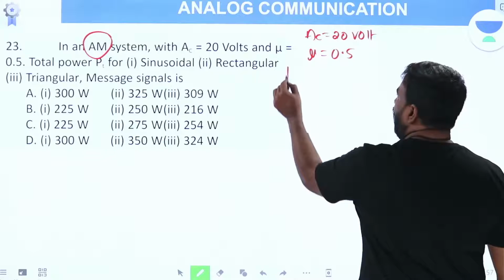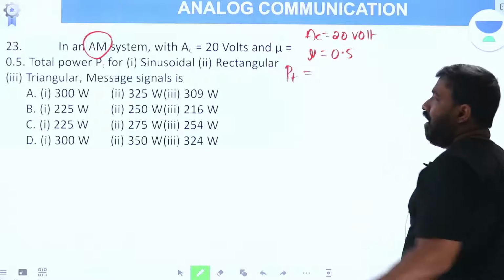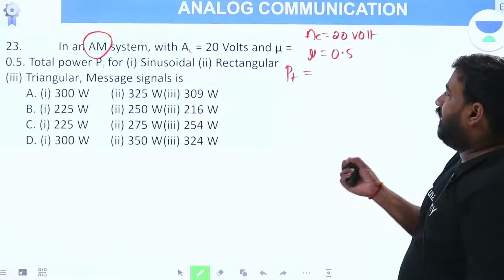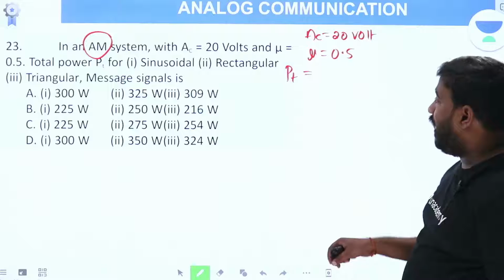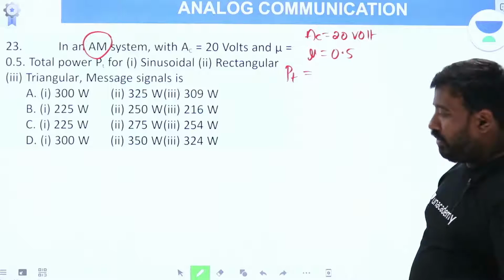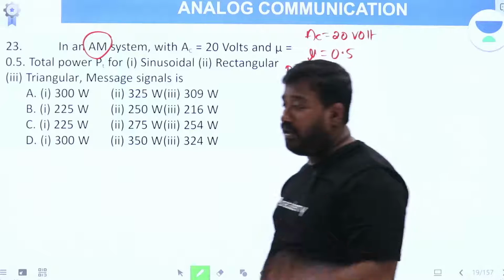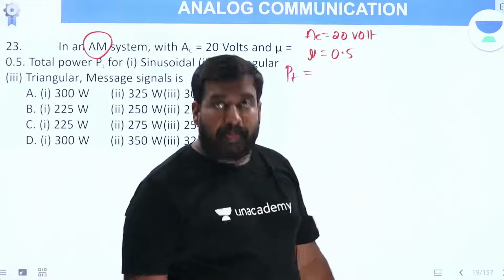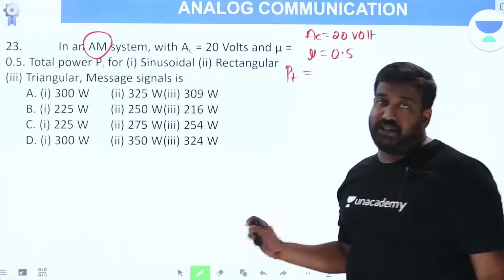Just now I derived all the formulas, am I right? Now I need not derive. Everything is ready: total power for sinusoidal, rectangular, triangular. Very, very simple, provided you know the concept. So understanding that derivation, that theory is very, very important. These are the most important model questions.